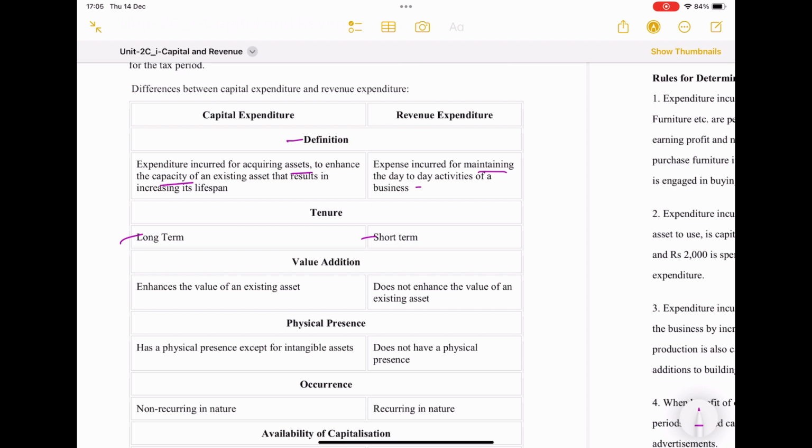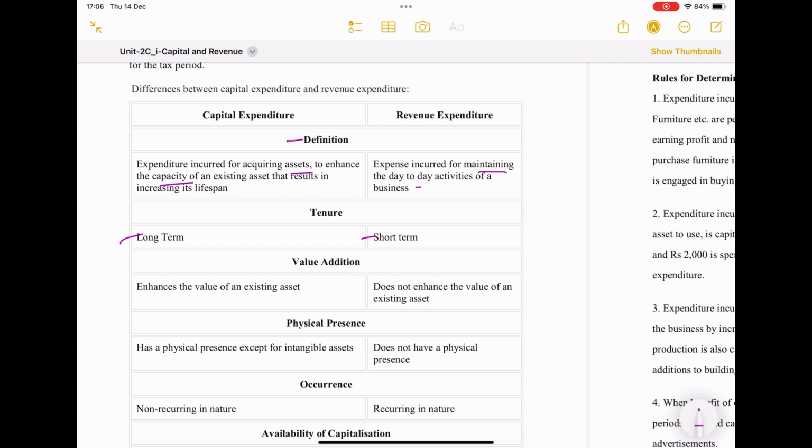Next, value addition: capital expenditure enhances the value of an existing asset. Revenue expenditure does not enhance the value of any asset. It maintains the asset and covers the day-to-day expenditures of the company. Next, physical appearance. Capital expenditure has a physical appearance, except for intangible assets.